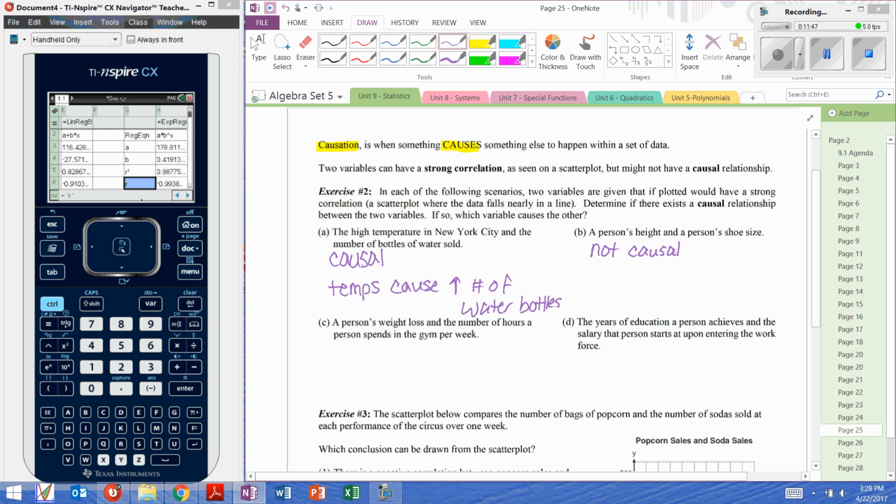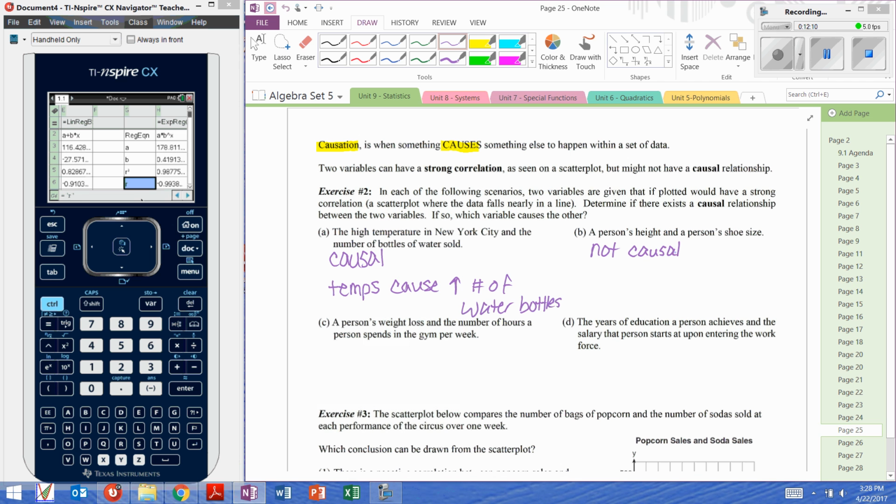Okay, C, a person's weight loss and the number of hours a person spends in the gym per week. I think with this question, the person that wrote this wanted you to say that it is causal, because if you typically spend more time working out, you're going to lose weight.